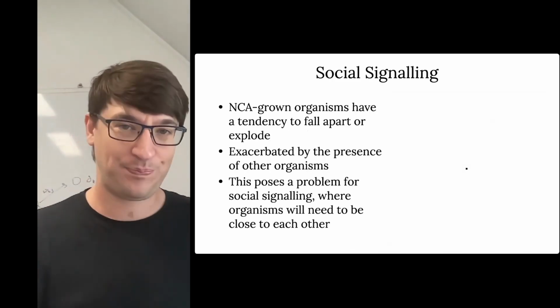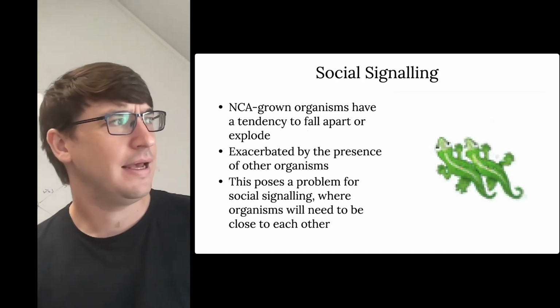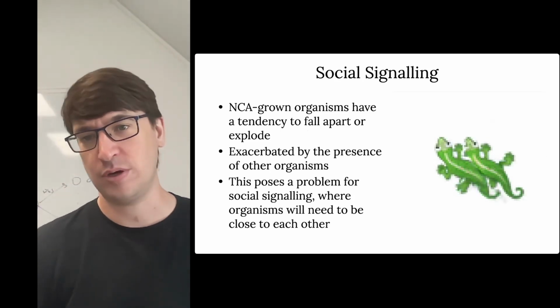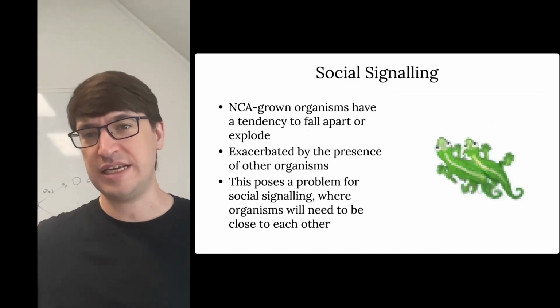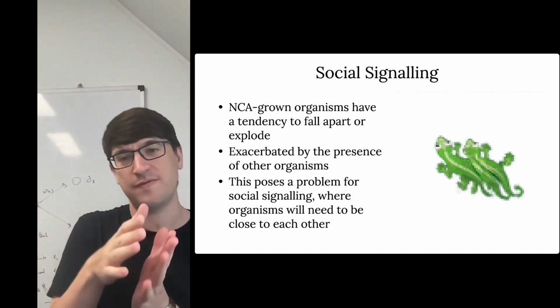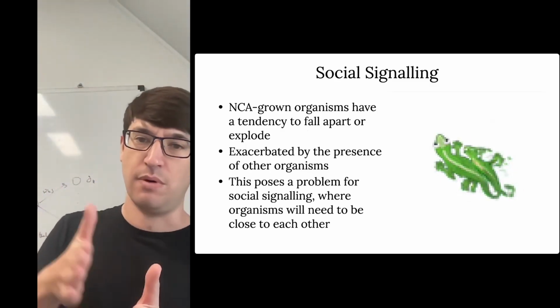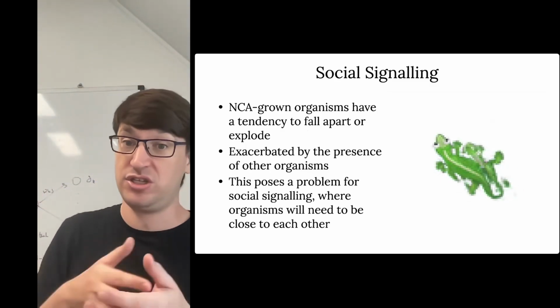Okay, so social signaling is problematic. It poses a real issue for NCA organisms because, as you can see in the animation on the right, when we grow two organisms very close to each other, they don't realize that the cells next to them are part of a different organism. They just see a cell.